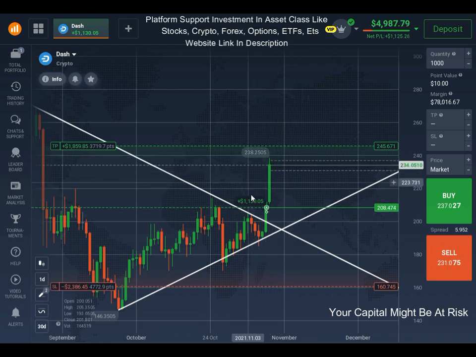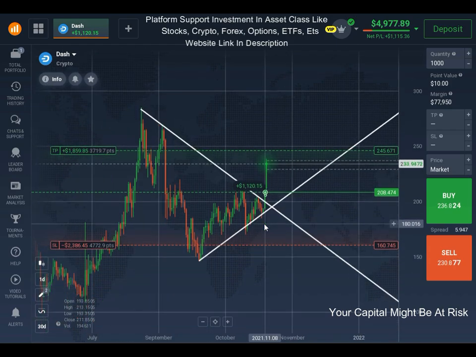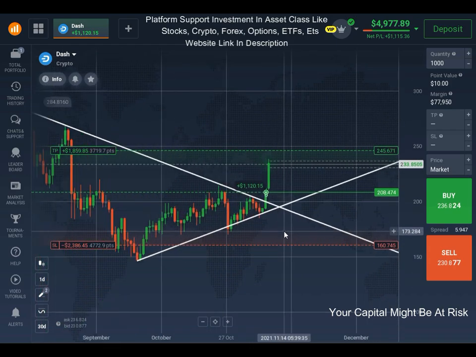And you can see we are making a good amount of profit here, approximately $1,130, and the reason why I'm exiting this trade is very simple.